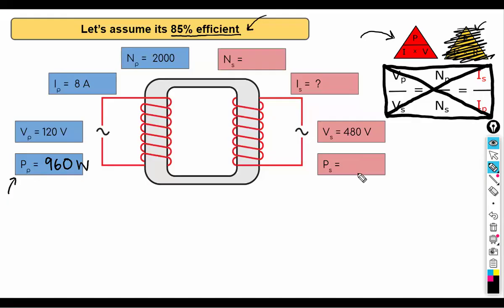So how do we calculate the power on the secondary side? If the full amount of power coming in is 960 and only 85% reaches the other side, how would you do that in STA? How do you find 85% of something? 85 over 100, and you multiply it by the something, which is 960. So everyone complete that calculation for me.